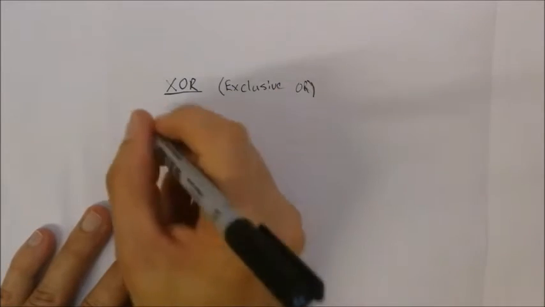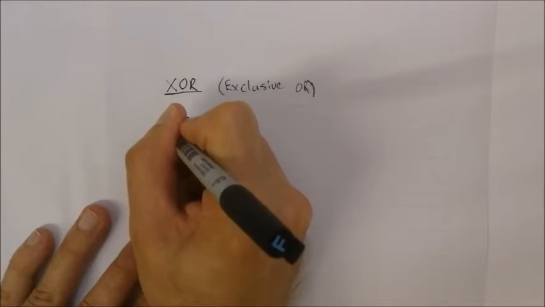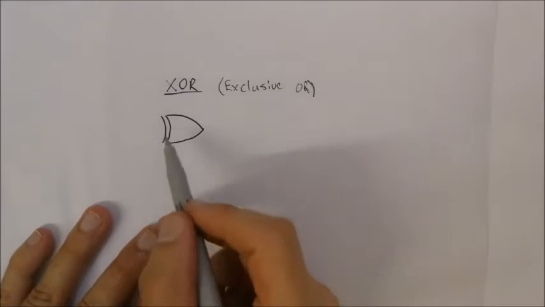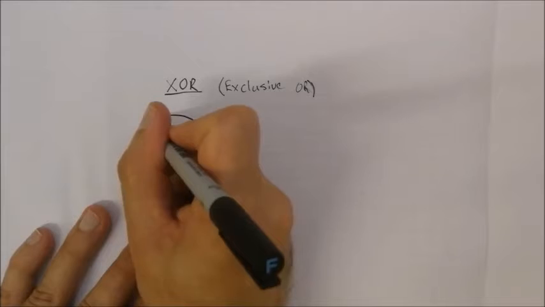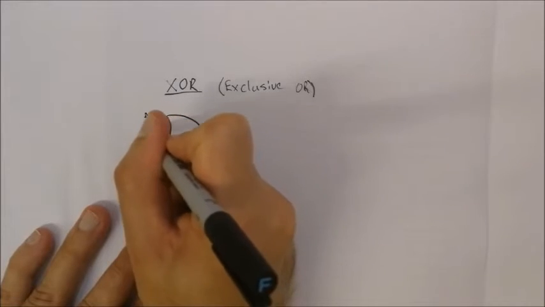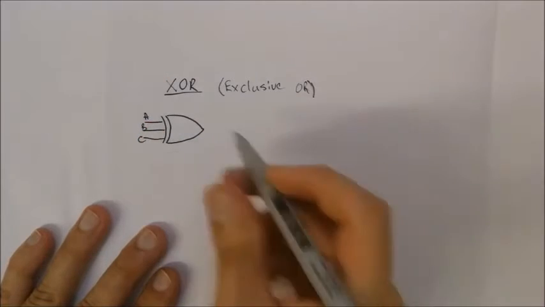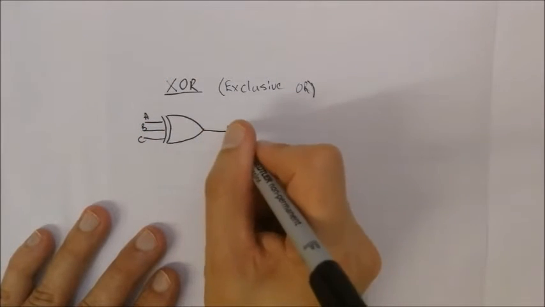But with the XOR gate, we've got another curve at the back, so it's like a double curve at the back. Then we've got our inputs, which will be A, B, and C, and then our output, Z.